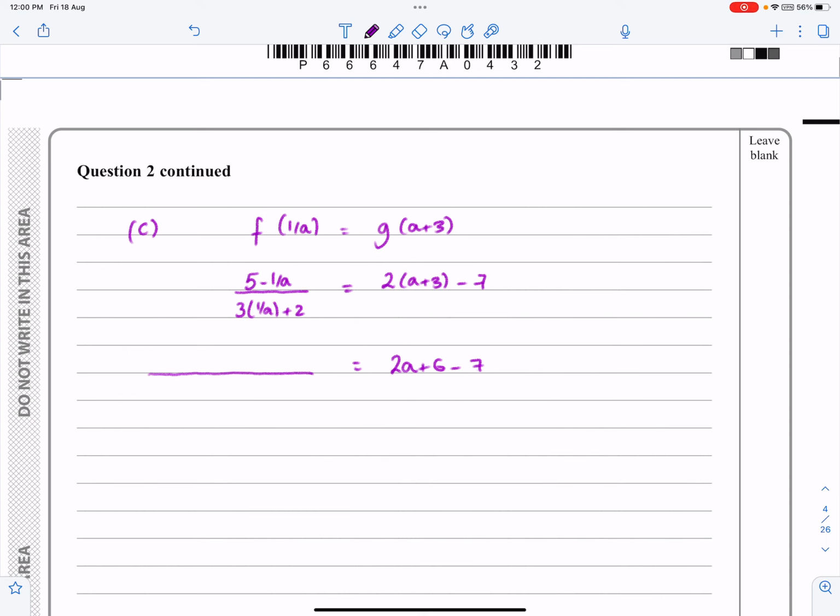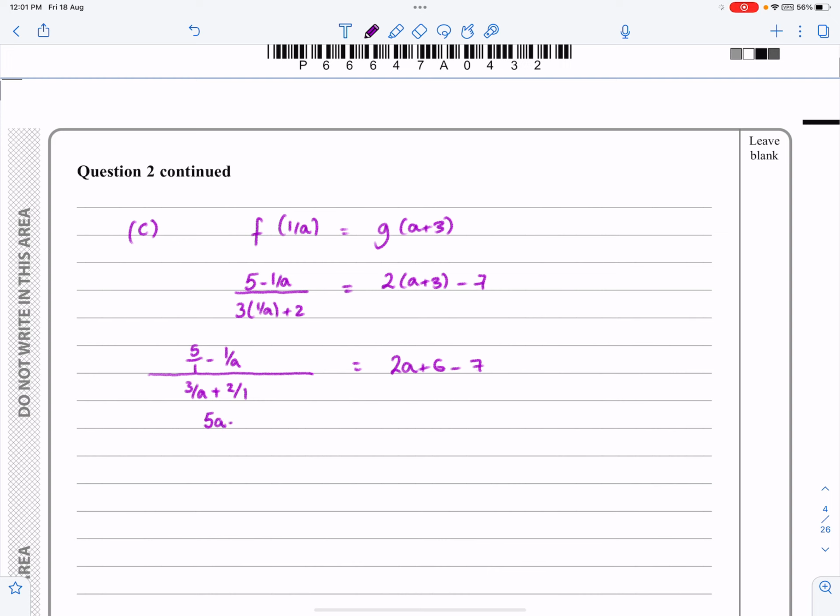Okay, I'm going to do 5 over 1 minus 1 over a, and I'm going to do 3 over a plus 2 over 1. All I've done is written it like that, because now what I can do is cross multiply, and cross multiply on the numerator. Do the same thing here, cross multiply, and cross multiply. So I'm going to do it nice and slowly.